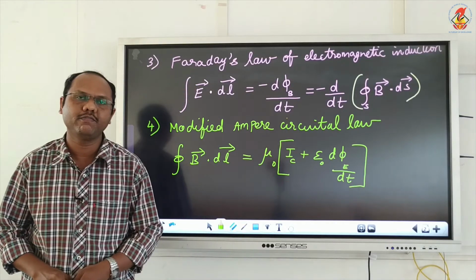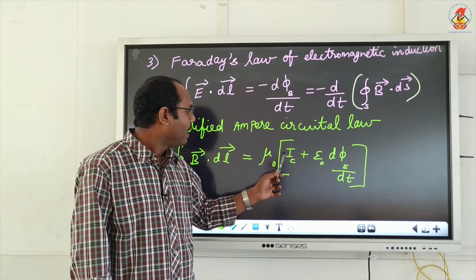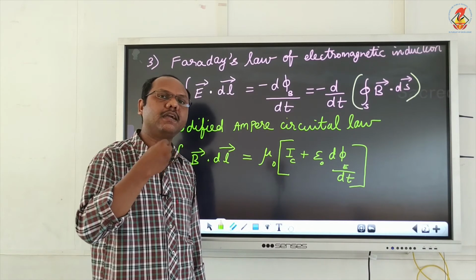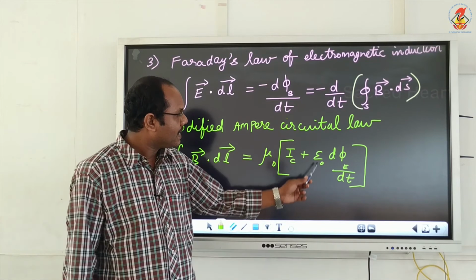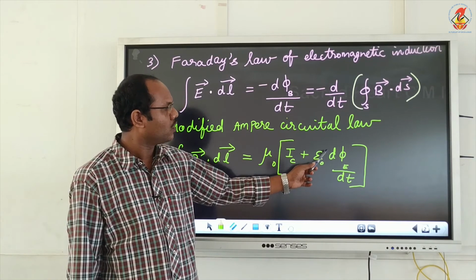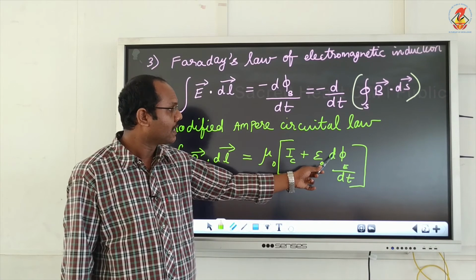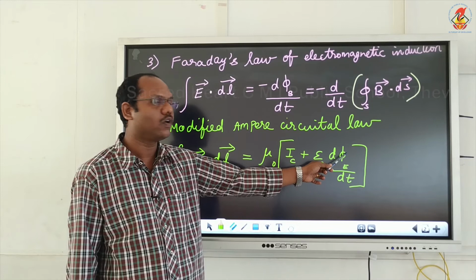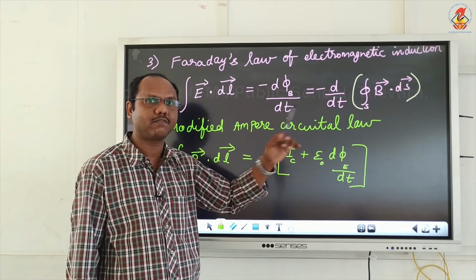This is the modified form of the Ampere circuital law, where IC is called the conduction current, which means the current flowing through a wire, and epsilon 0 d phi E by dt is the rate of change of electric flux.